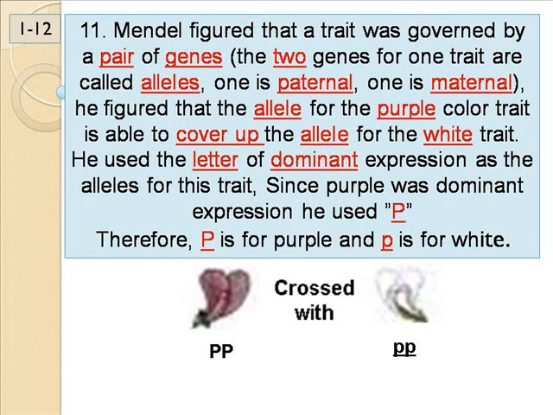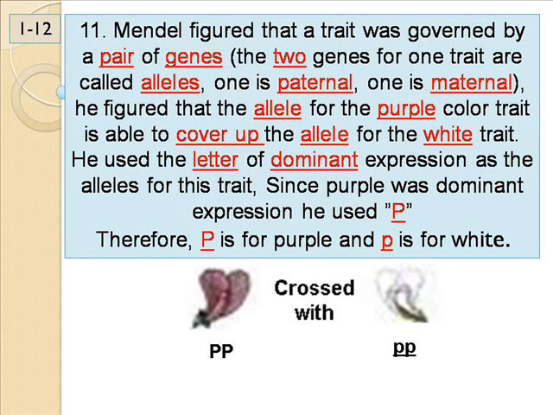And then he said, I'll bet you that a purple allele can always mask the other allele. So he said, I'll call the purple one dominant. And I'll call the other one recessive, because it recedes, it backs off. So that when you cross a pure breeding purple with a pure breeding white, the purple can totally mask the color.